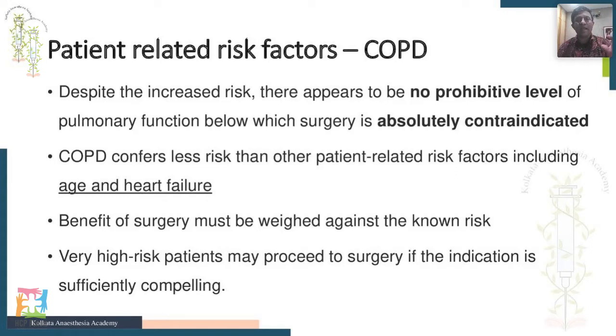And when you're looking through all the patient risk factors, you'll find that COPD, we get worried about it, but it is contributing less than age and heart failure to the incidence of postoperative pulmonary complications. So the take home is that you have to do this risk-benefit analysis. If the benefit of surgery is higher, then just having COPD should not be a deterrent for surgery.